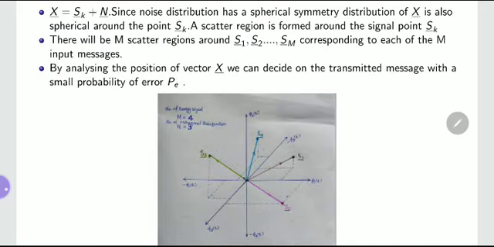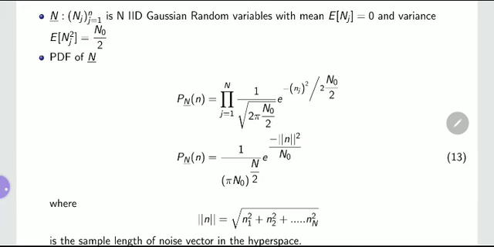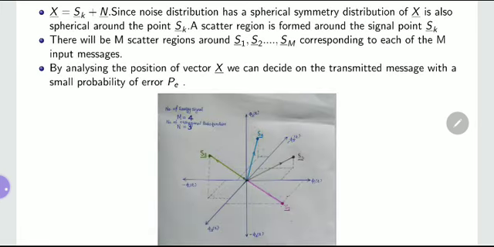So we have got x equal to sk plus n, and what we have seen is that this vector n has a probability density function which depends on norm n square. The norm n represents the length of the vector from the origin, or we can say that it is having a spherical symmetry.